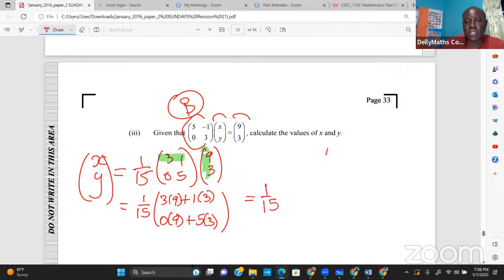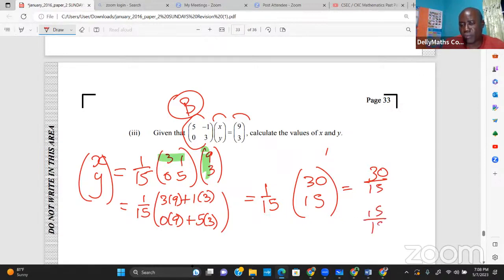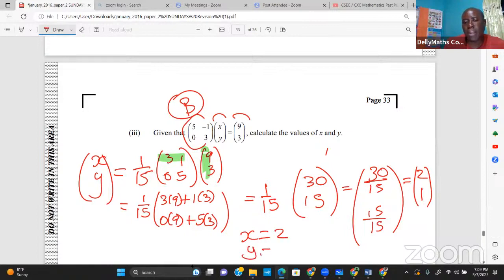There's a 1 over 15 outside. 27 plus 3, that's 30. 0 plus 15 is 15. Now we're going to slide in the 1 over 15 over everything. So it's going to be 30 over the 15, then 15 over the 15. Finally, 30 over 15 is 2. 15 over 15 is 1. Now the X is at the top, that means X is 2. Y is at the bottom, Y is 1.